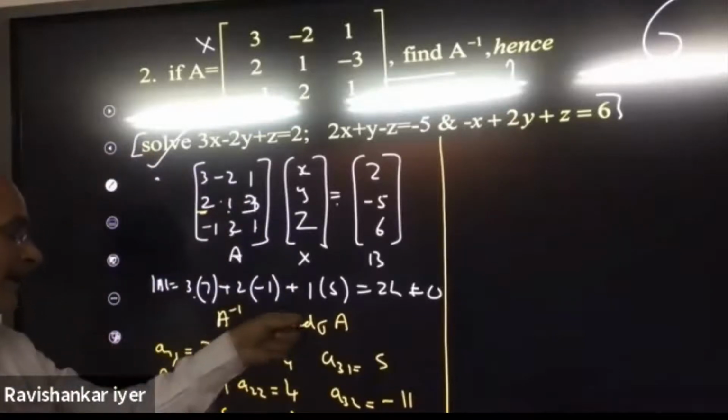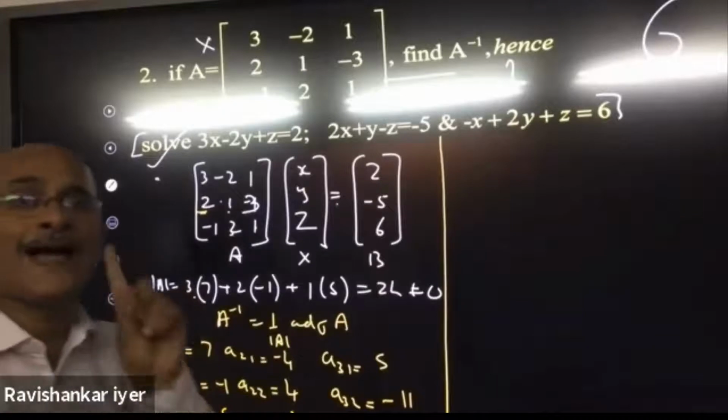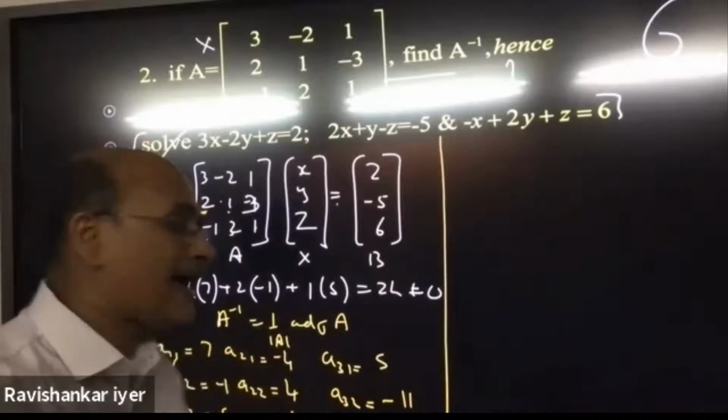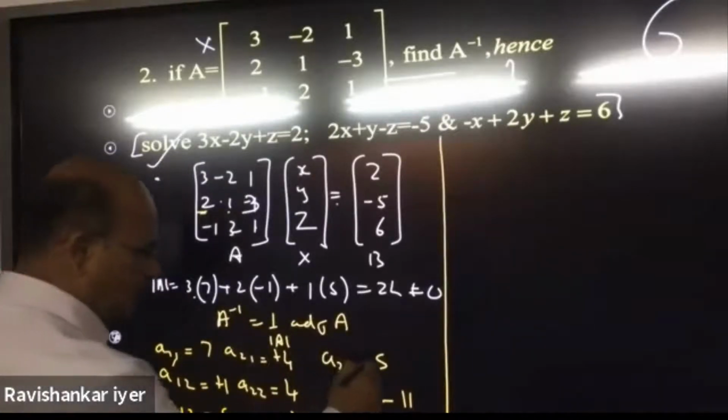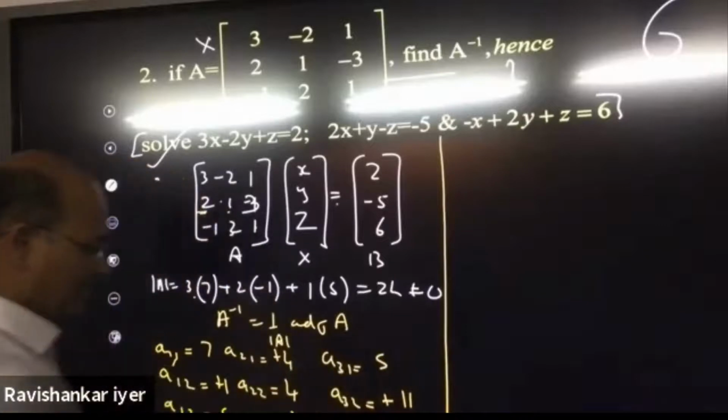Now hold on. Adjoint is the transpose of the cofactor. How do I find the cofactor? Plus, minus, plus, minus, plus, minus, plus, minus, and plus.